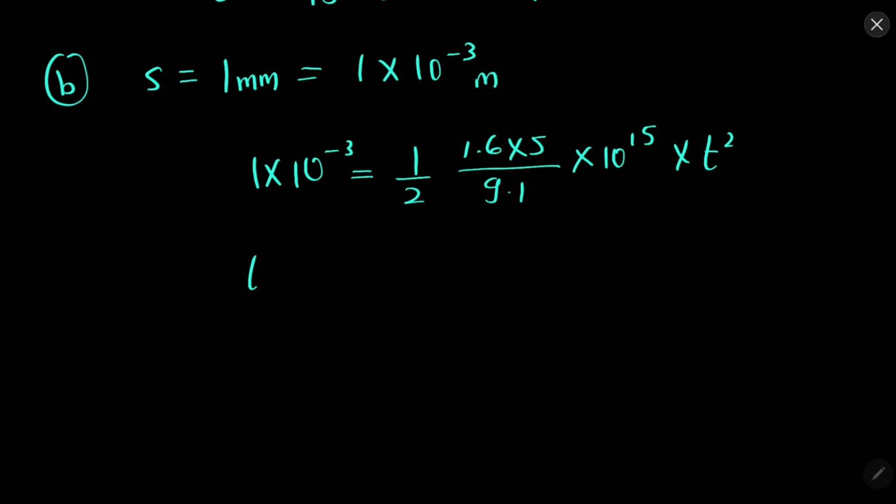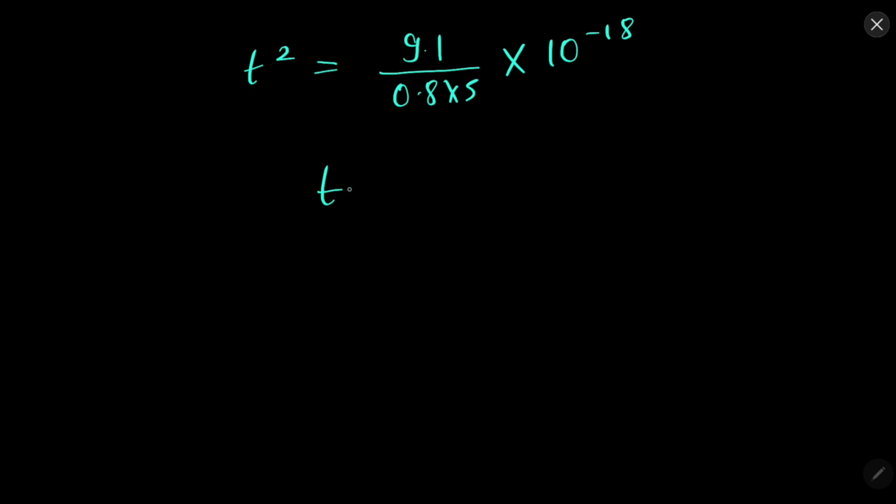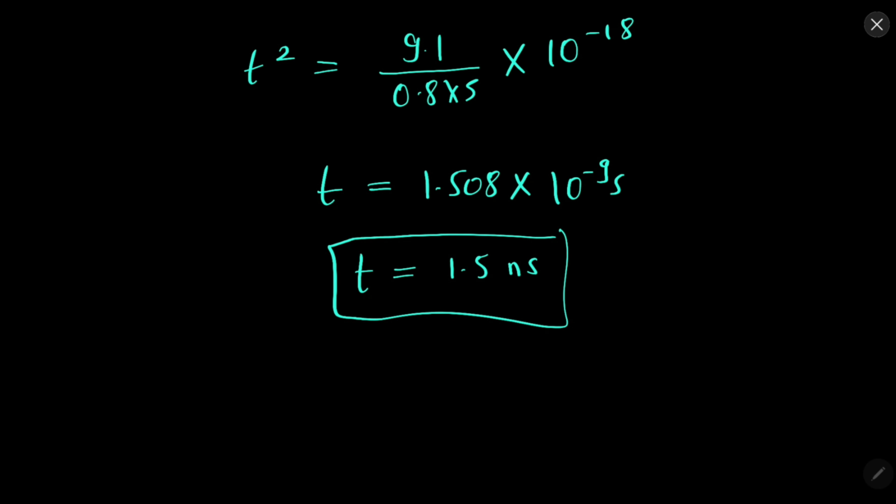So from here t square will be 9.1 into 0.8 into 5 into 10 to the power minus 18. So t will be approximately equal to 1.508 into 10 to the power minus 9 second, or t will be approximately 1.5 nanosecond, because minus 9 is nano.